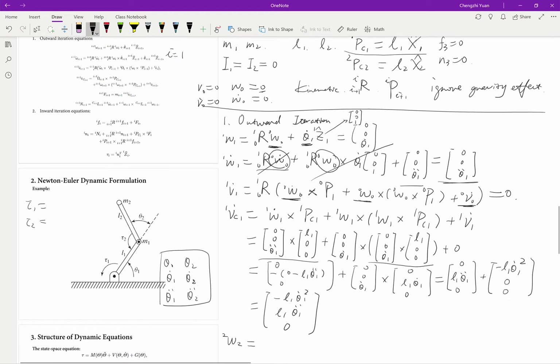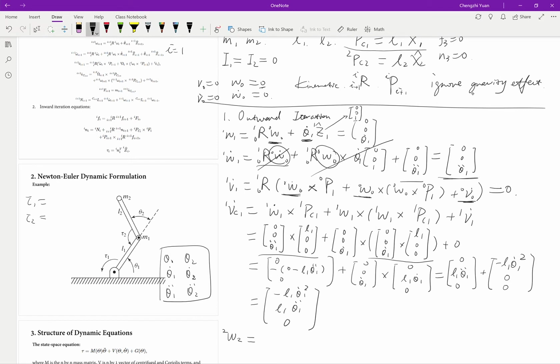So omega 22, in the first equation, equals R21 rotation matrix times omega 11 and then plus 0 0 theta 2 dot. Okay, so this is the rotation velocity of the second joint.